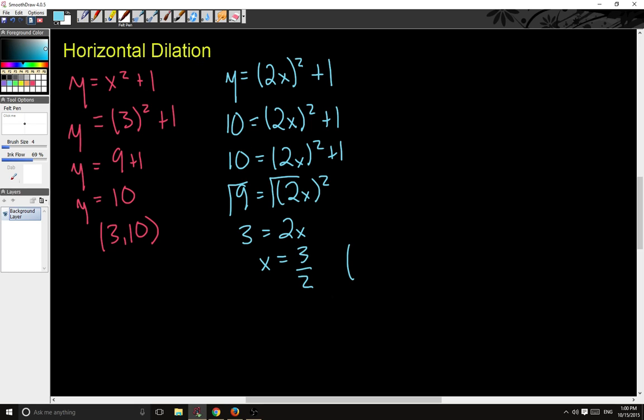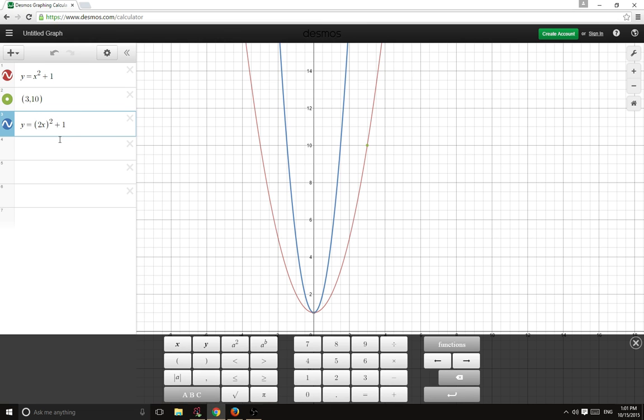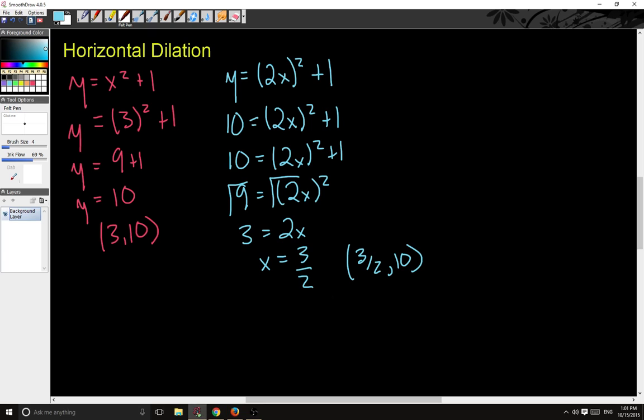So we would expect somewhere on our horizontally dilated graph for the point (3/2, 10) to exist. Let's look back at our graph. And we can see that this point is on our new graph. So why is this interesting?